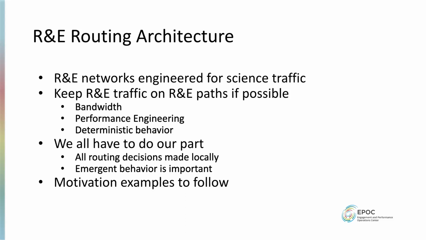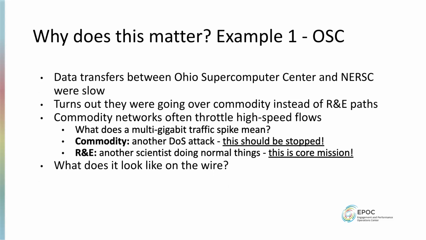And all those local decisions are made due to the aggregate behavior of a set of routing policies that are distributed using routing protocols. And that emergent behavior then is what gives us this thing where we say we want all of the science applications to stay on science networks. So next slide. Let's look at why this matters.